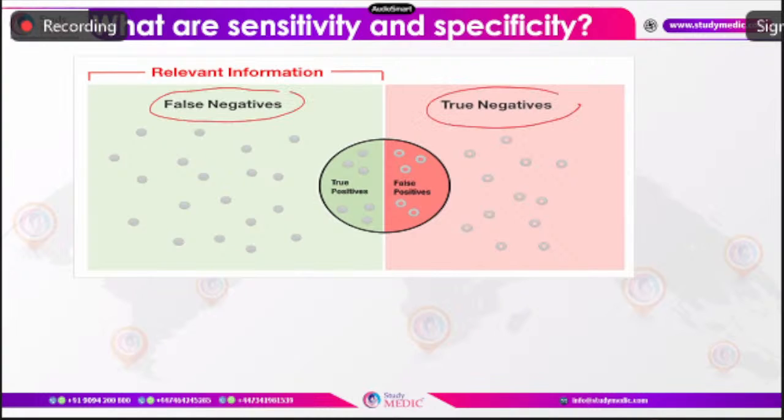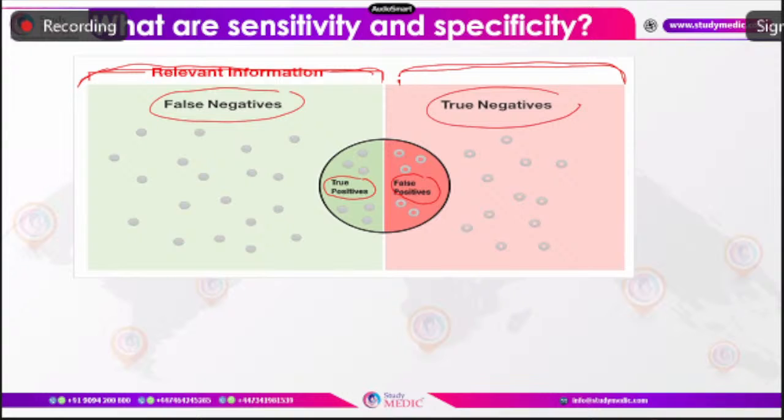False negative means the test is negative but the disease is there. True negative means the test is negative and the disease is absent. These are the false positives, meaning the test is positive but the disease is absent, and these are the true positives, where the disease is present and the test is positive. All these are with disease or outcome, and all these are without disease or without any outcome.